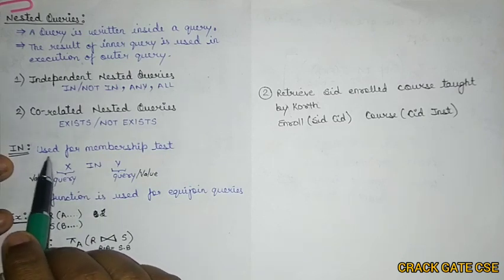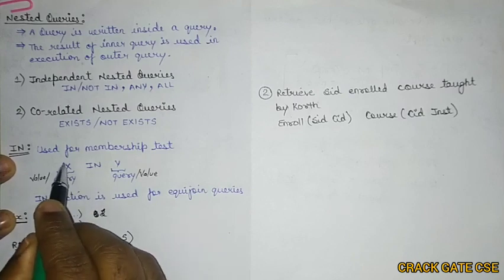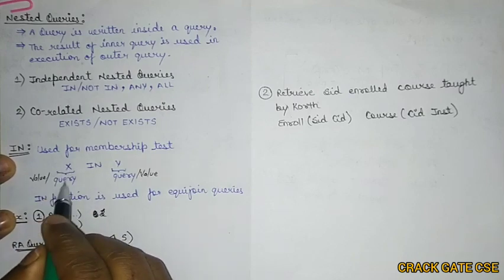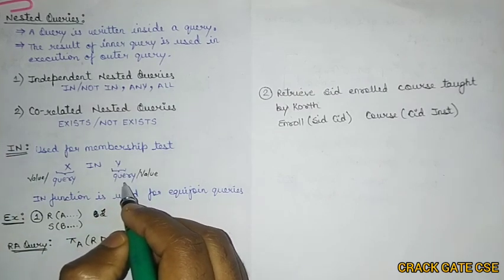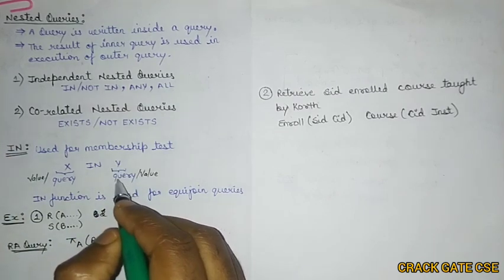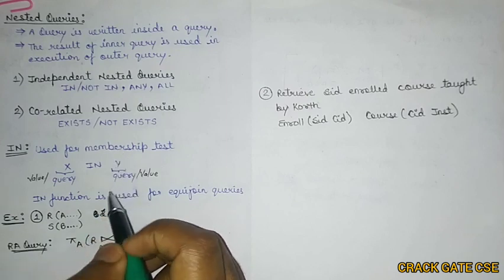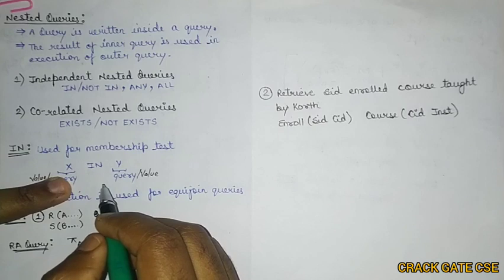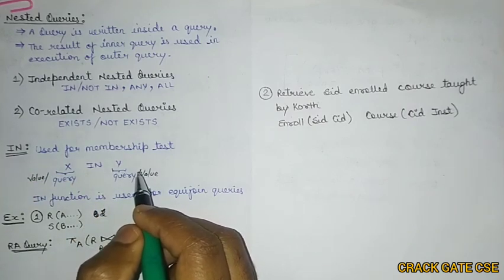It is used for membership test, x in y. That means if a value of x is available in y, y can be a query or y can be a table also, a table that has been obtained by the inner query. So if the x attribute value is in y attribute, then it will return the value.